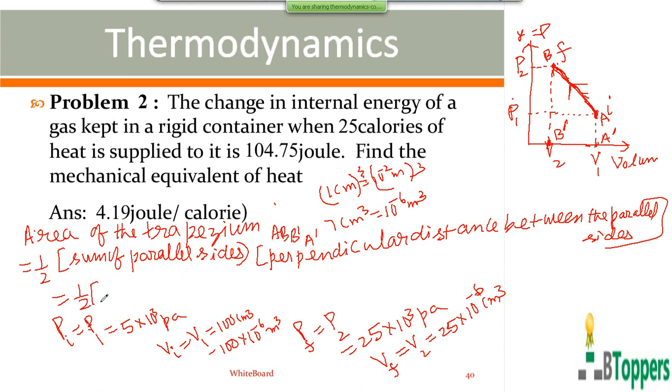So the parallel sides are A dash A plus B dash B, into the perpendicular distance between the parallel sides, which is A dash B dash.